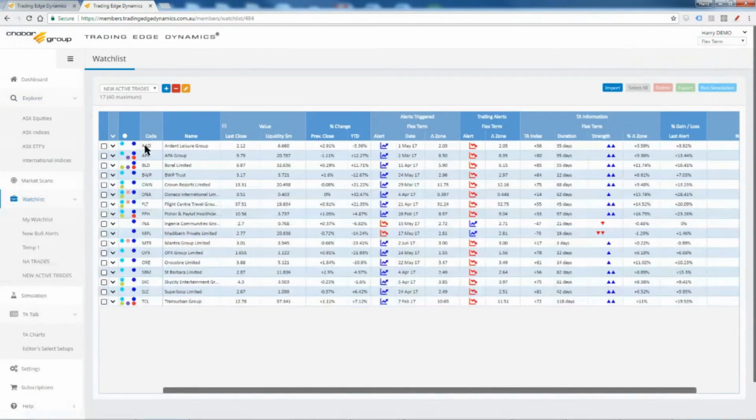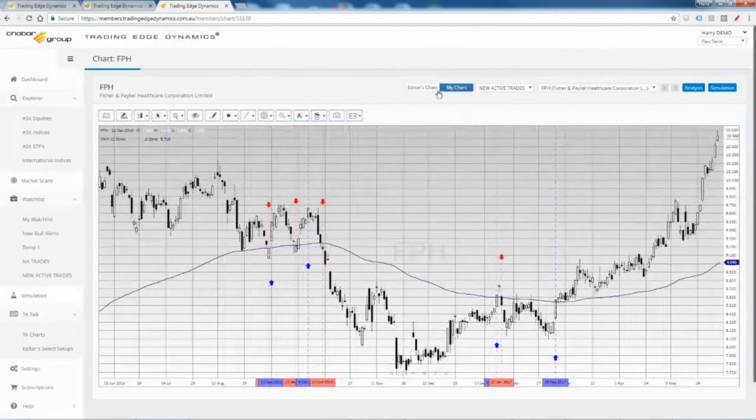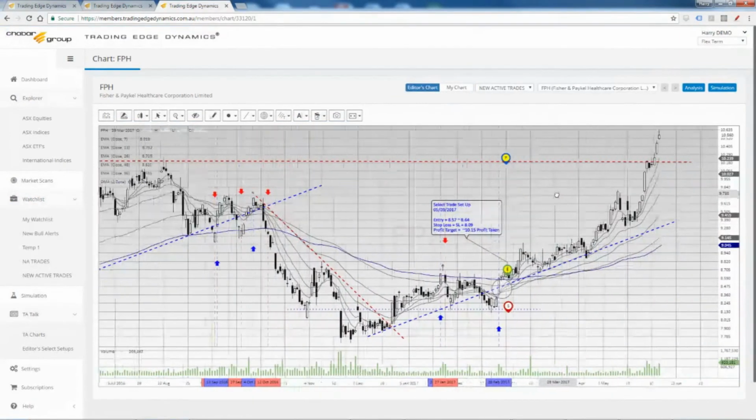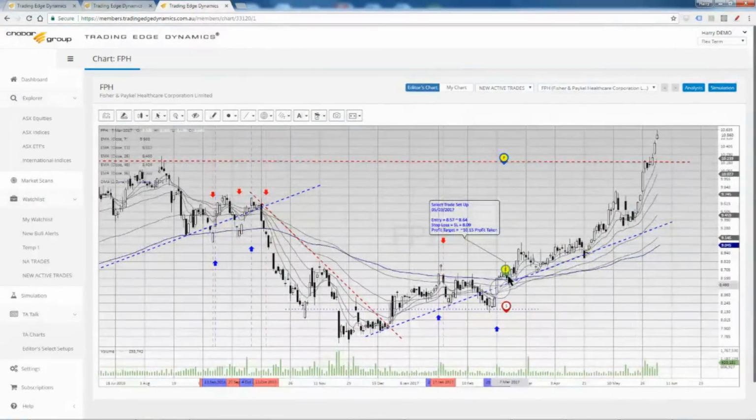If I look at these categories now and look at the stocks we talked about, first of all, let's look at the stocks that just came out. It hasn't come off this list as yet, but we'll go through the full list. Okay, and we'll put the charts back on. This is our Fisher and Paykel trade.